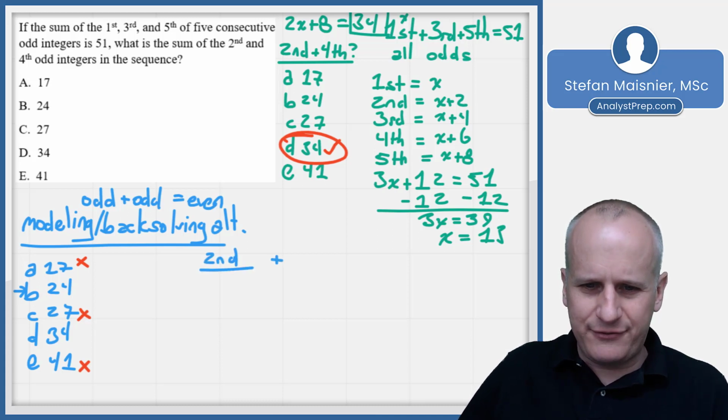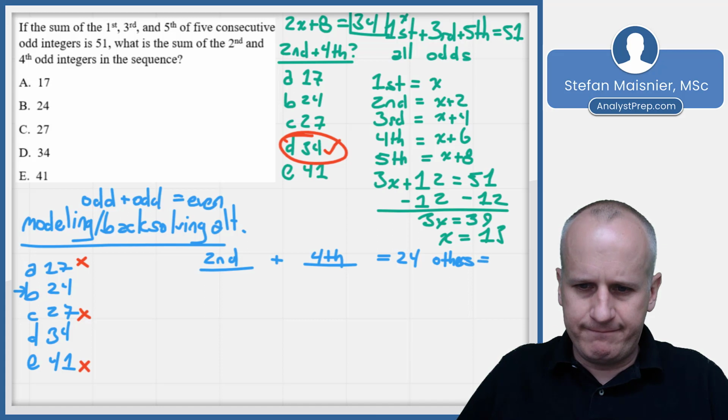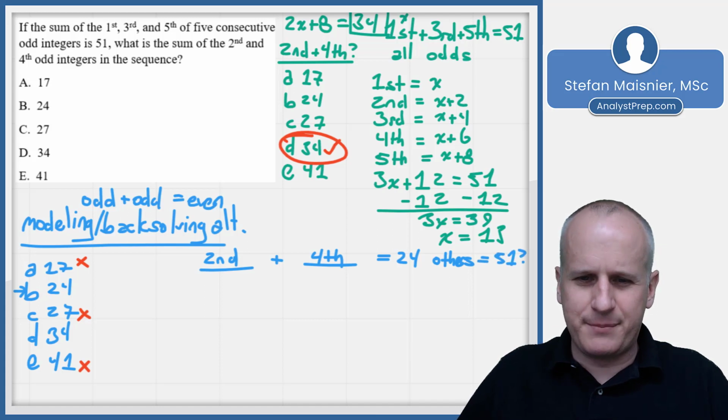So even if we tried 24 first, the second plus the fourth has to add up to 24 as a structure. And are the others 51? We can just kind of set that up as some columns.